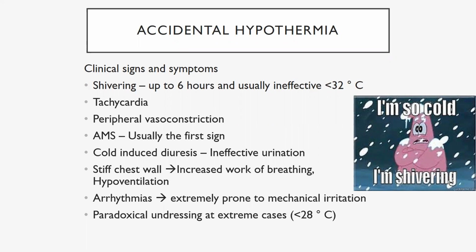The hypothesis is that it goes from peripheral vasoconstriction to vasodilation, and they start feeling heat, so they start taking their clothes off, even though nothing has changed in the environment and the temperature is still low. Nobody knows the exact mechanism, but this phenomenon has been described in case reports and case series.